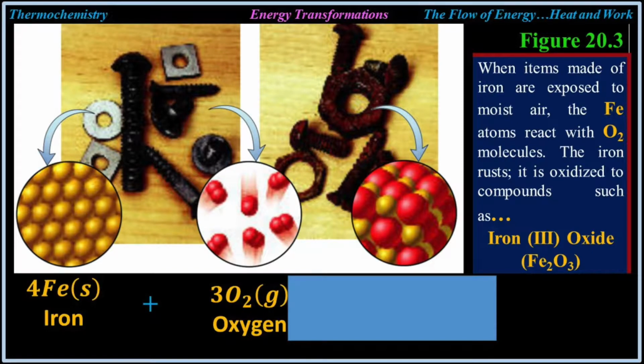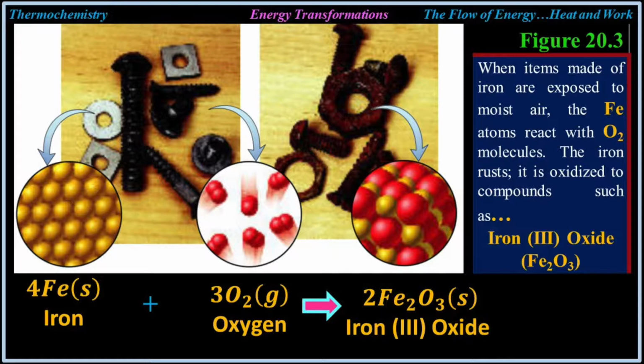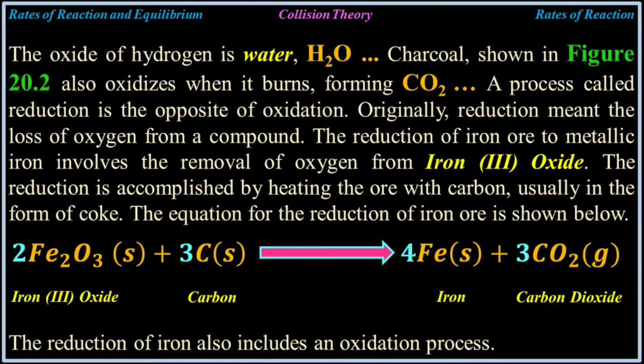So that's the iron plus the oxygen is going to yield the iron(III) oxide. The oxide of hydrogen is water, H2O. Charcoal, shown in Figure 20.2, also oxidizes when it burns, forming carbon dioxide.